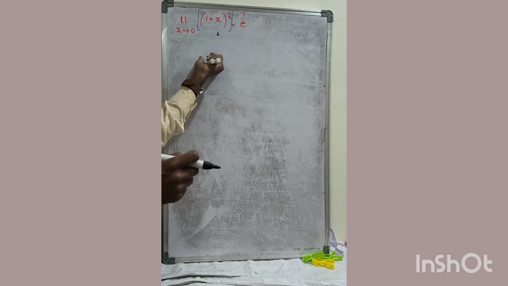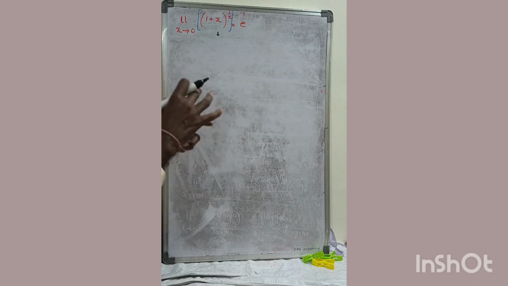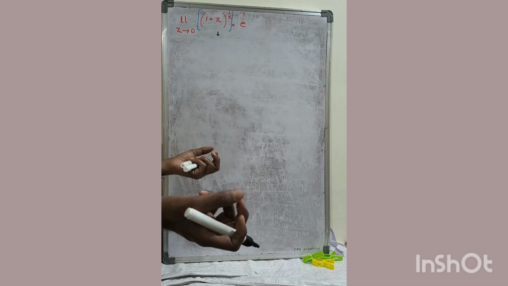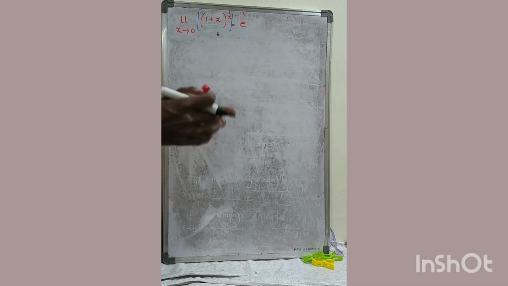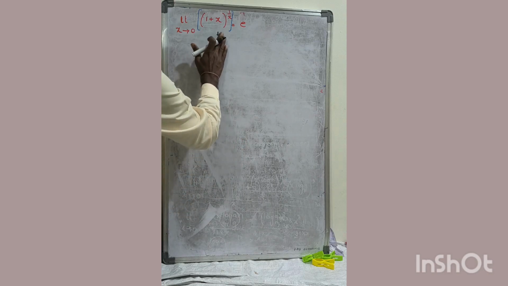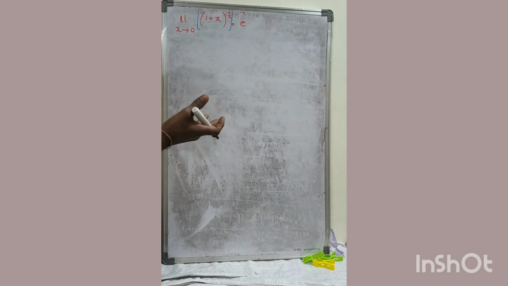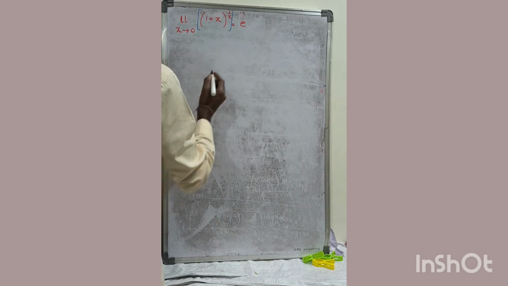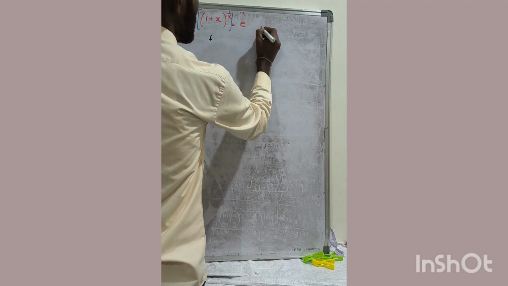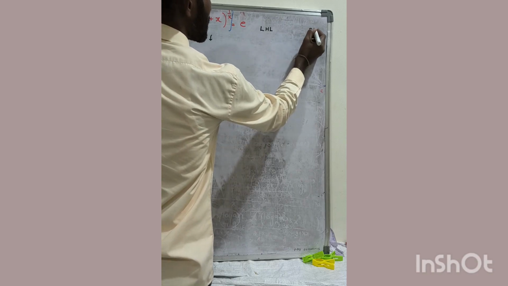Whenever the left hand limit value and the right hand limit value are equal, then that is the limit of that function. So to find the limit of this one, first I would like to see whether the limit will exist or not. To do that, I am going to find the left hand limit and the right hand limit for this function.